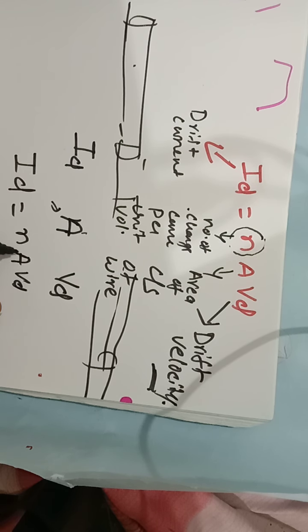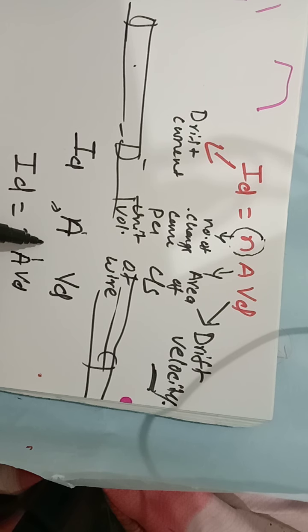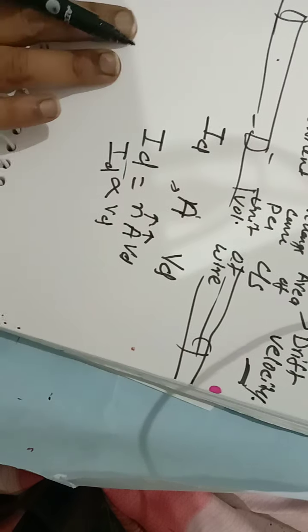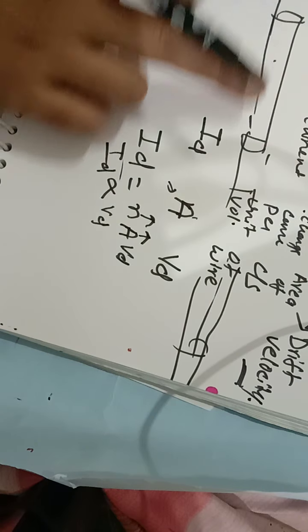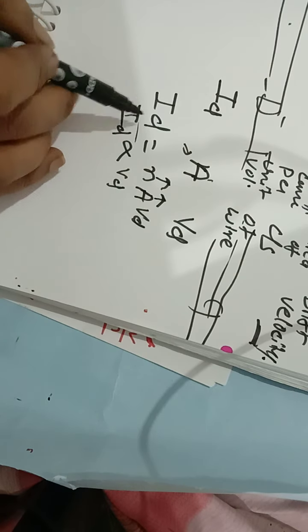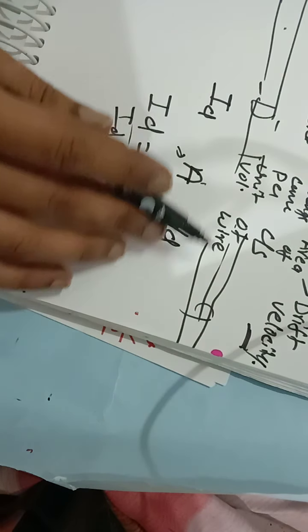For a particular wire, A is the same, n is the same, so Id is directly proportional to Vd. For that wire, the cross section area will be the same.